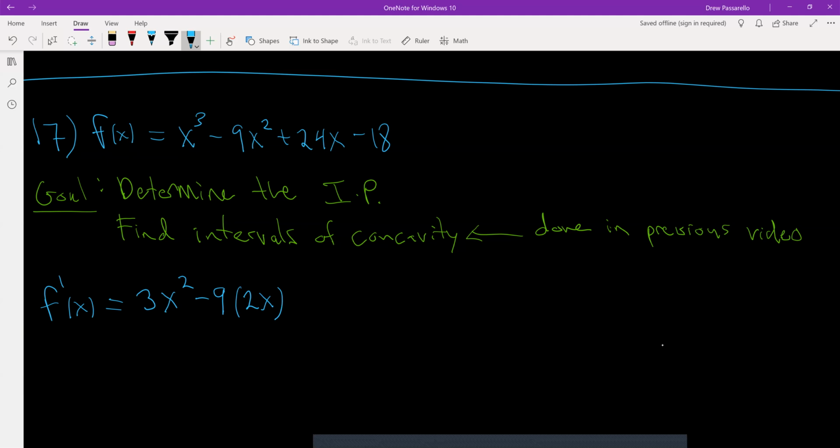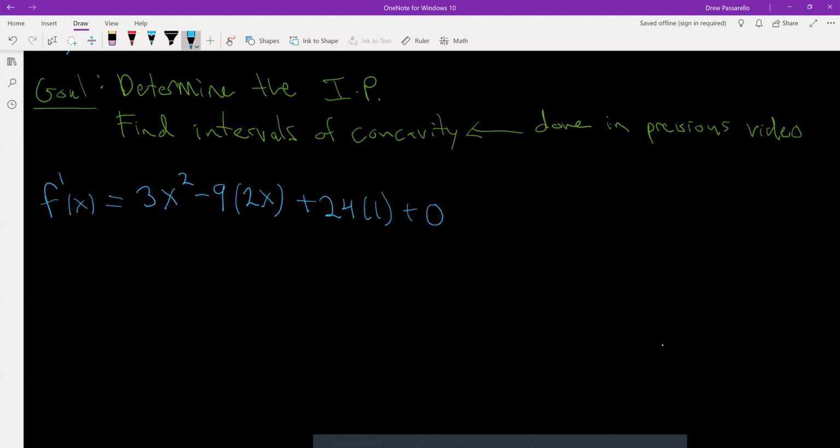And then for 24x, the derivative of x is 1, so that's going to be plus 24 times 1. And then negative 18 is a constant, so its derivative is 0. So I'm just going to write it over again. f prime of x is 3x squared minus 18x plus 24. All right, so that's the first derivative.